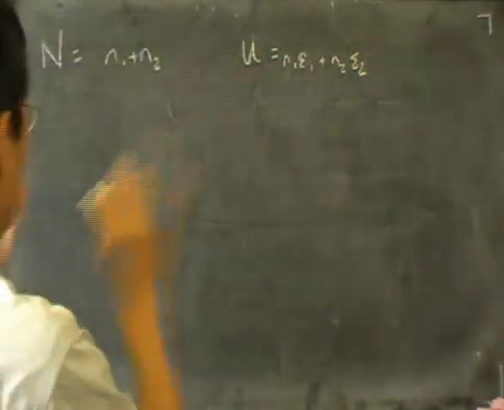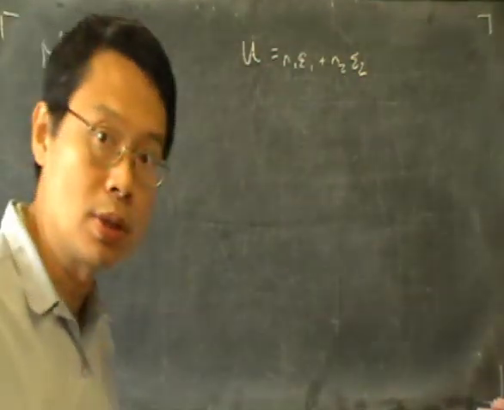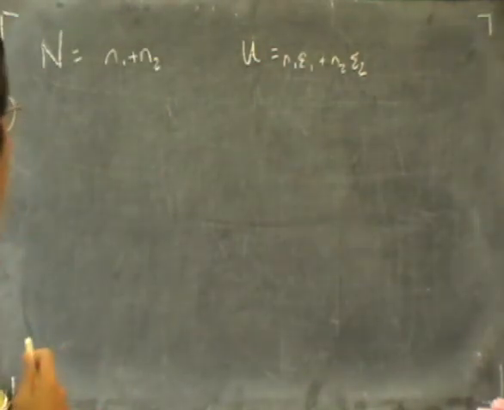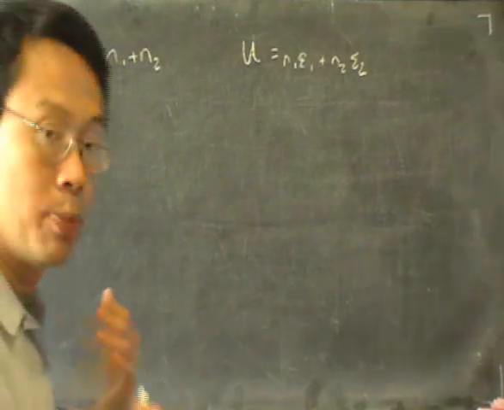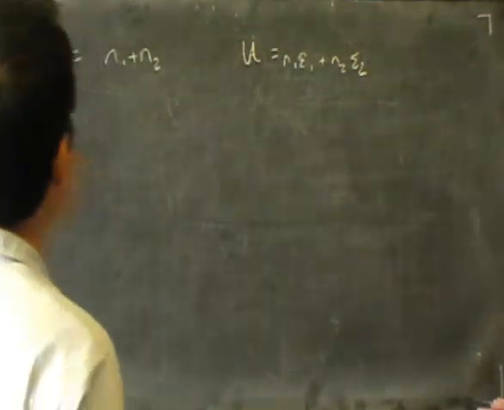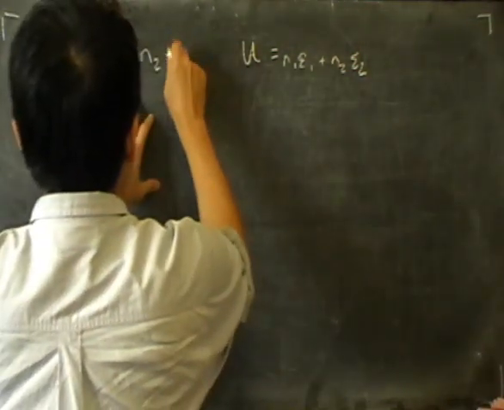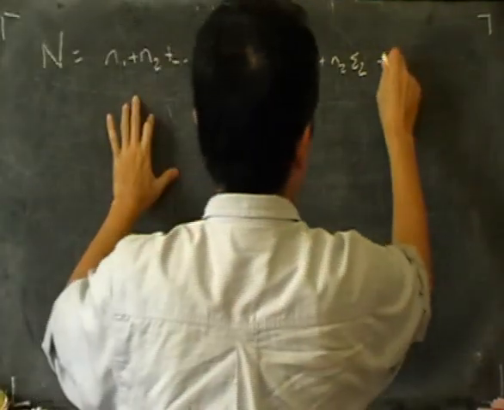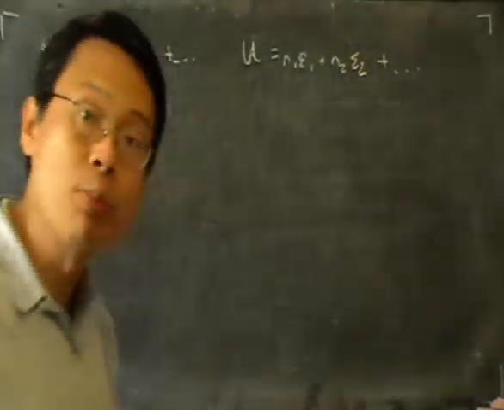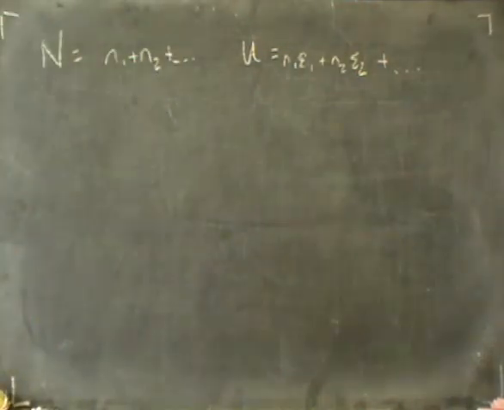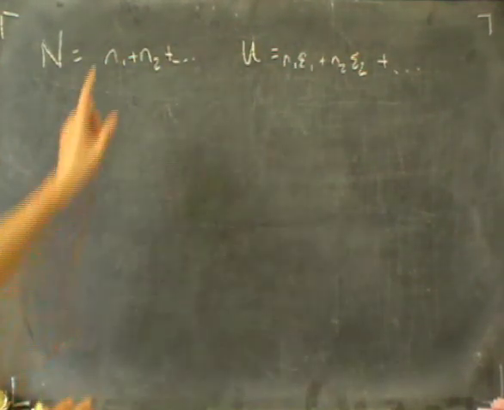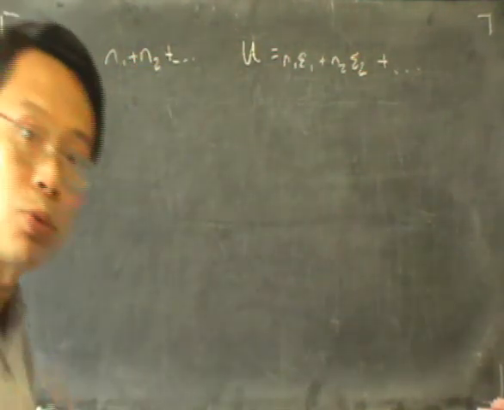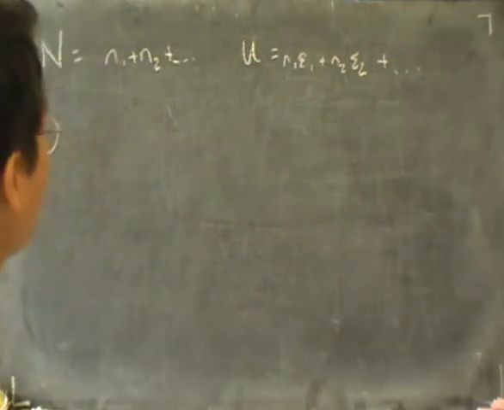You assume that these two quantities are fixed for this next example, and now I'm going to generalize this further. I'm going to add a plus dot dot dot, which means that there can be more than two energy levels. So what we will try to do now is find the populations n1, n2 at each level.